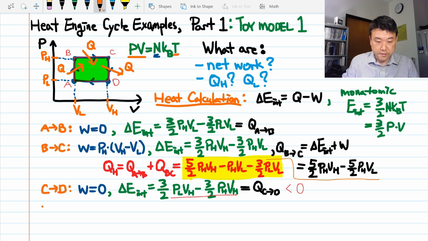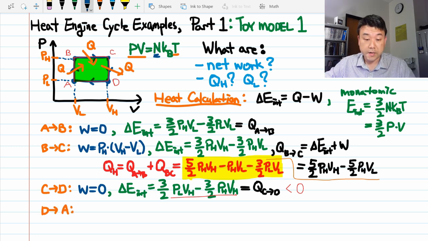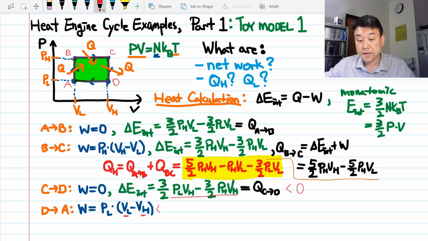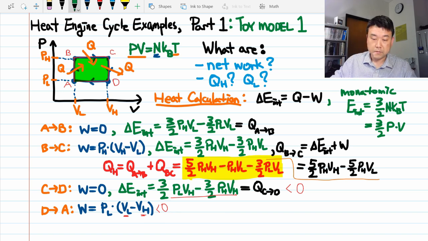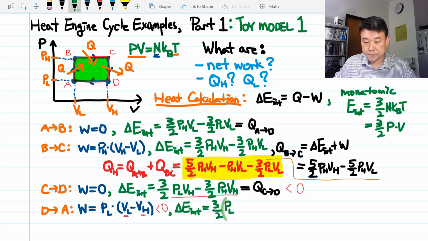Alright, let's keep going. D to A, back to the starting point. Here there's a non-zero work done, pressure times the difference in volume, and because the ending volume is smaller than the starting volume, the work done is negative, meaning the environment does work on the system. Change in the internal energy is the same as before, 3/2 times change in pressure times volume.